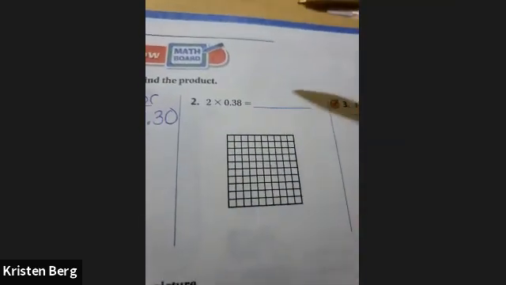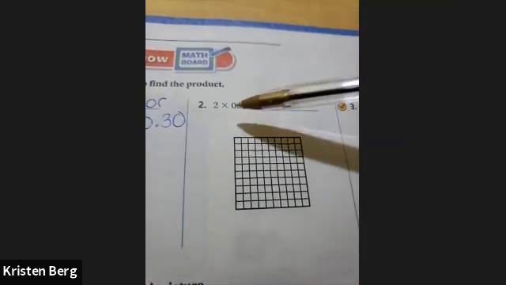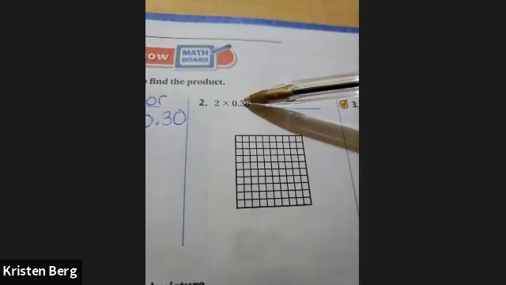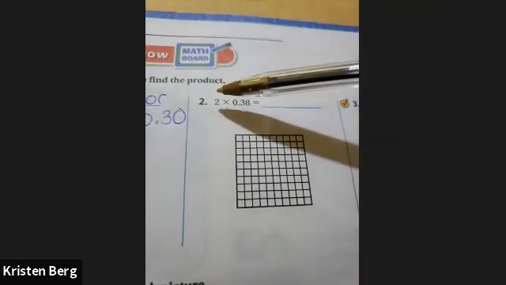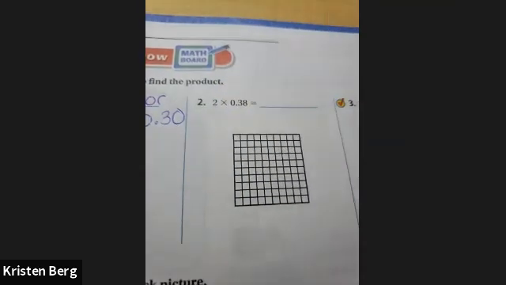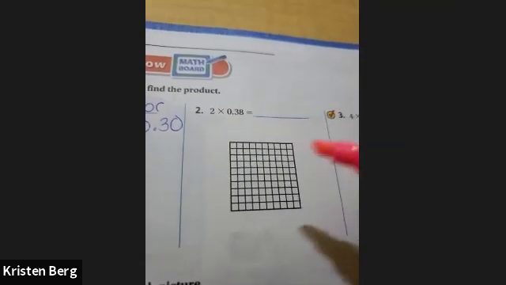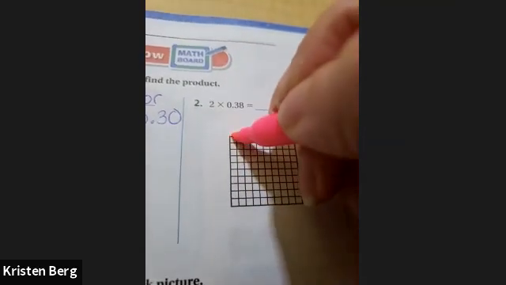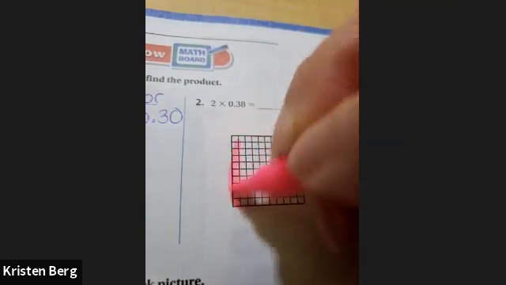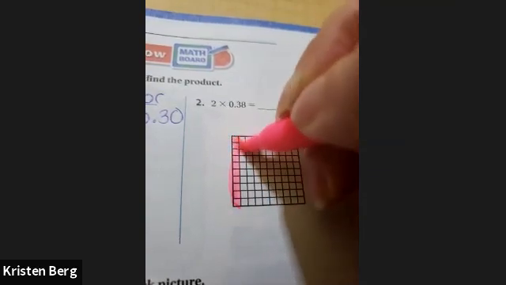All right, now here they want you to show that it is going to be 38 hundredths, 2 groups of them. So I'm going to get out my highlighters here. The first thing I'm going to do is highlight 38 hundredths of these.